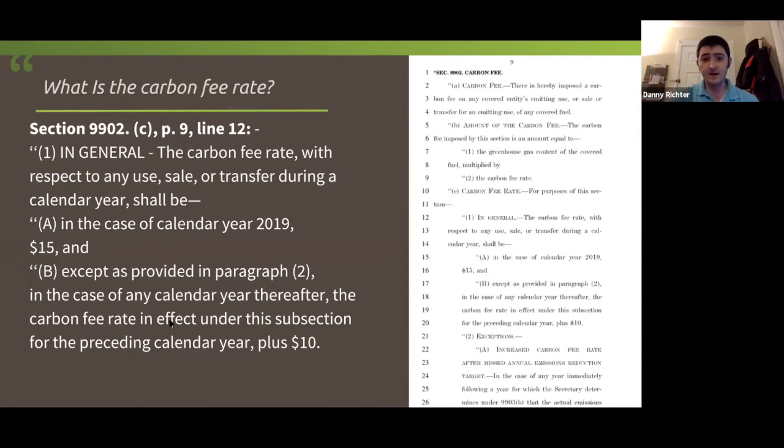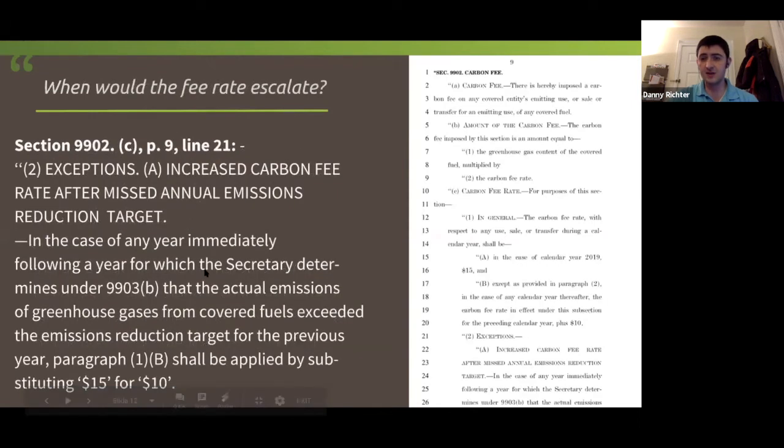And it does highlight an exemption, and that exemption, the first exemption, actually is to make the bill stronger. So this is the first exception. The increased carbon fee rate after a missed annual emissions reduction target: in the case of any year immediately following a year for which the Secretary determines under 9903B, and I'll cover 9903B a little bit later, that the actual emissions of greenhouse gases from covered fuels exceeded the emissions reductions target for the previous year, paragraph 1B shall be applied by substituting $15 for $10.